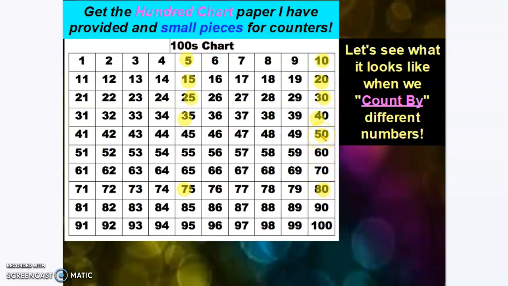So let's go ahead and finish it up. 50, 55, 60, 65, 70, 75, 80, 85, 90, 95, and you got it, 100. Great job. All right, let's go on to see what's next.